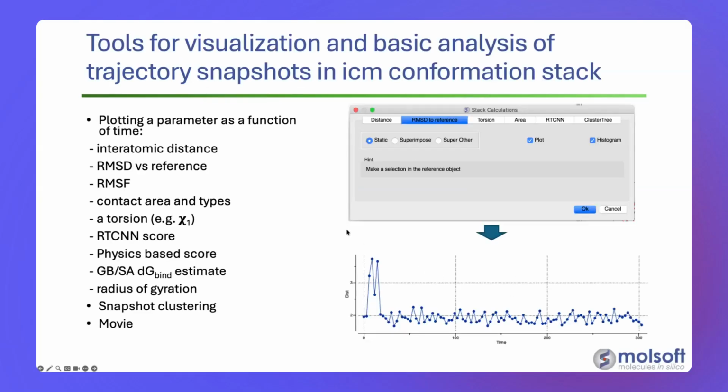Once the simulation has run, I'll show you in a minute, you'll get a stack of conformations. You just need to right click on the stack of conformations and choose stack calculations, and you have a variety of different tools. So you have RMSF, the root mean square fluctuation in MD.